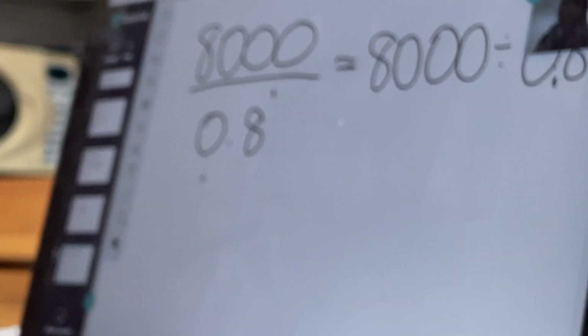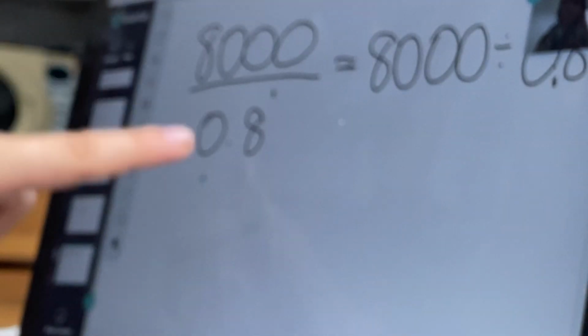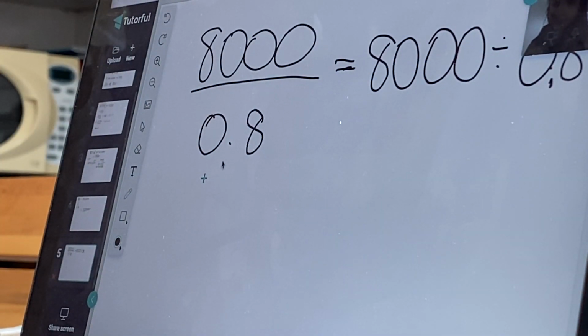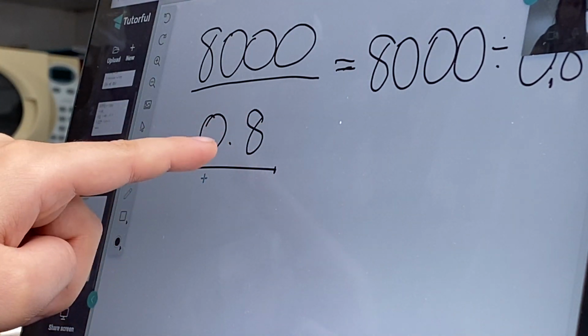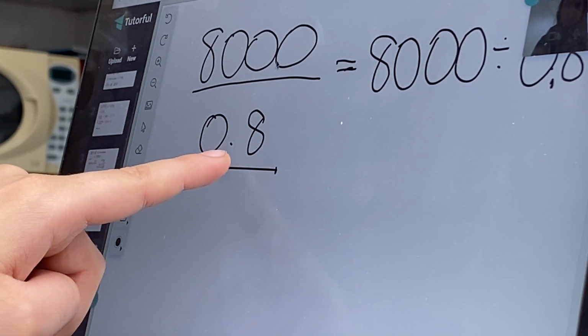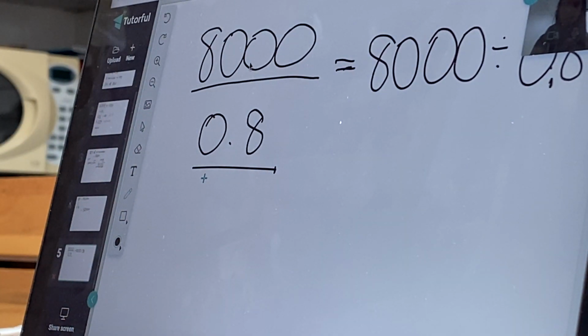Well, what can we divide both of those by quite nicely? 0.8, because it goes into 8. Yeah, it will, because if we multiply it by 1,000, it will go to 8,000.